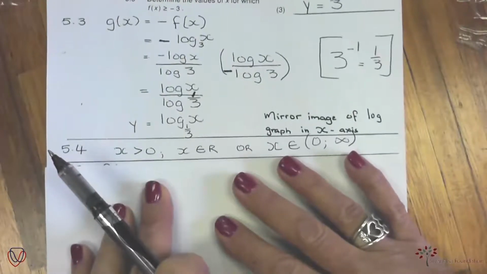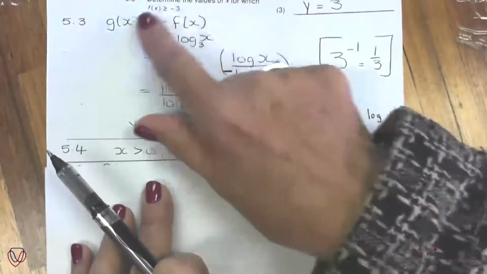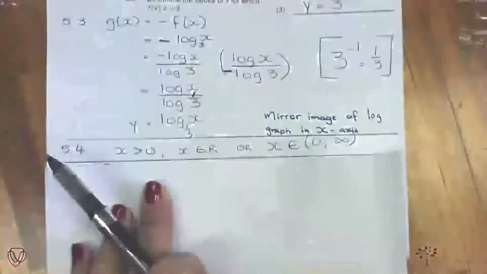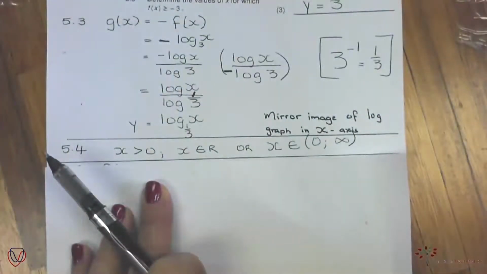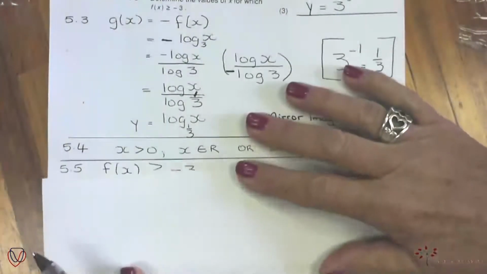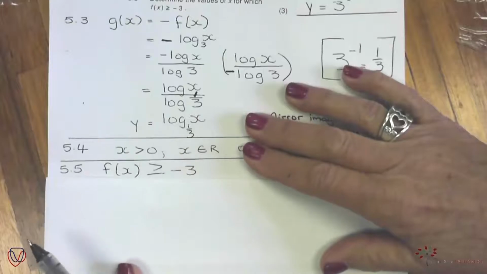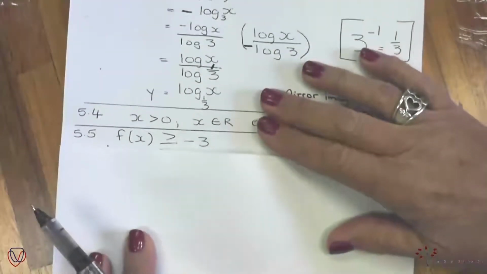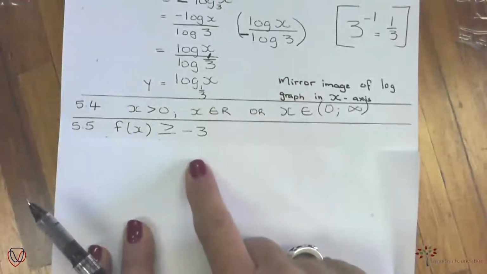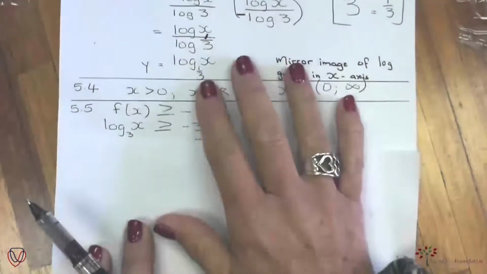Then the last question, let's read that one. Determine the values of x for which f(x) is larger or equal to negative 3. They did not say you must use the graph. So you are not going to use the graph. The question is, determine the values of x for which f(x) will be larger than negative 3. Right, people?